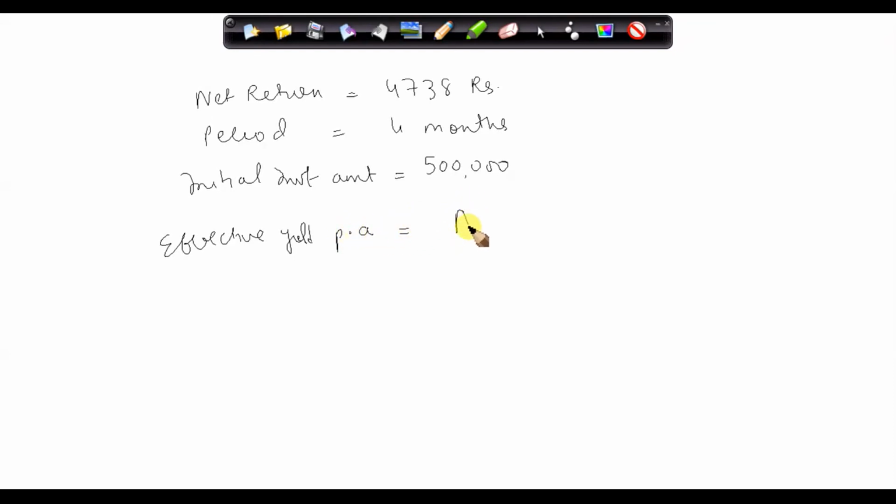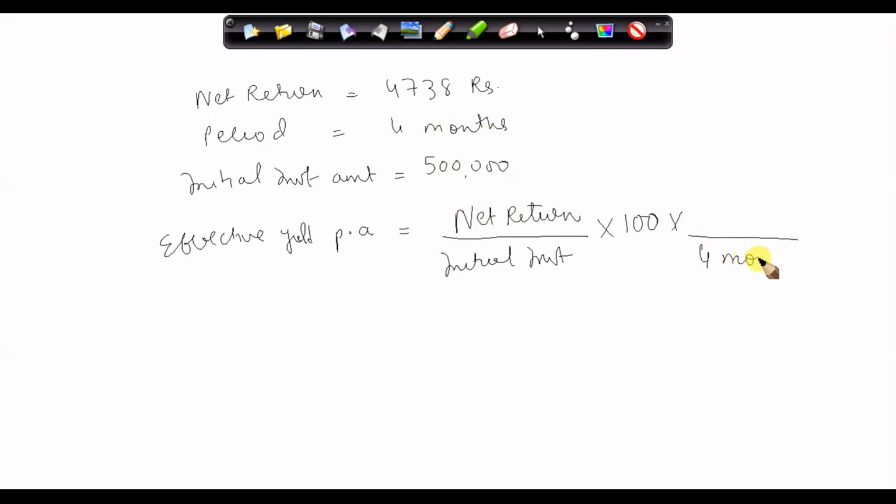So what I will do, I will put net return since it is an income, and then I will divide by the initial investment. Then this I am going to multiply by 100, but this return is for 4 months. So here I am going to write 4 months, and I want the return per annum, meaning I want the return for 12 months. So I am going to write here 12 months. So in this way we are going to convert the return of 4 months into a per annum return.